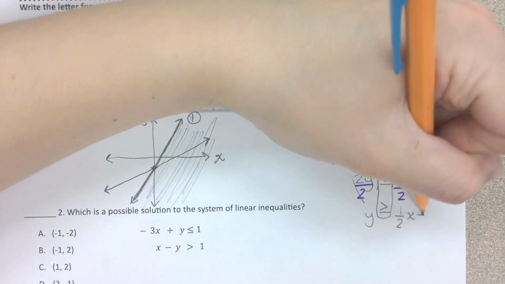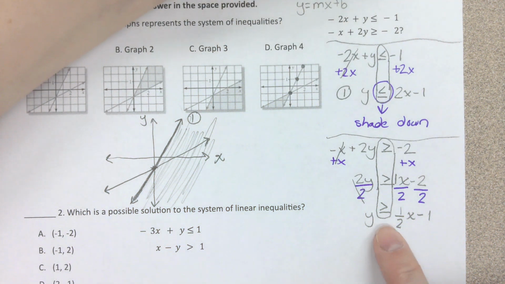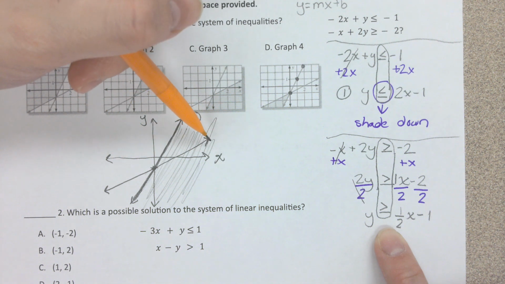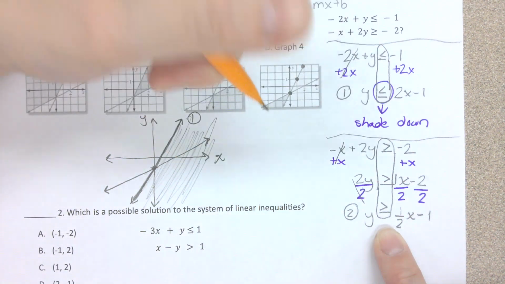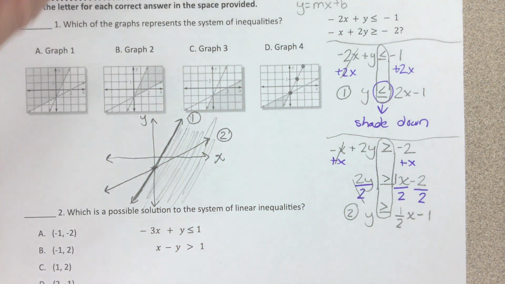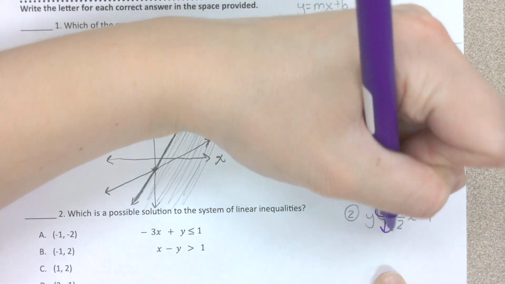And then minus 2 divided by 2 is just 1. So, clearly if this line here is line 1, then the other one's going to be line 2. But what's important is the shading. So this time we have greater than or equal to, so we shade up.